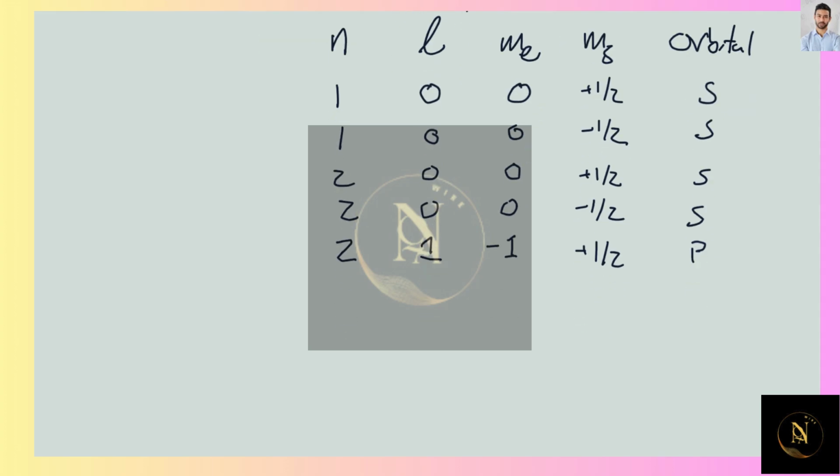Moving on, l is still equal to 1, but m sub l is now equal to 0. We again have 2 electrons in here, positive 1/2 and negative 1/2.